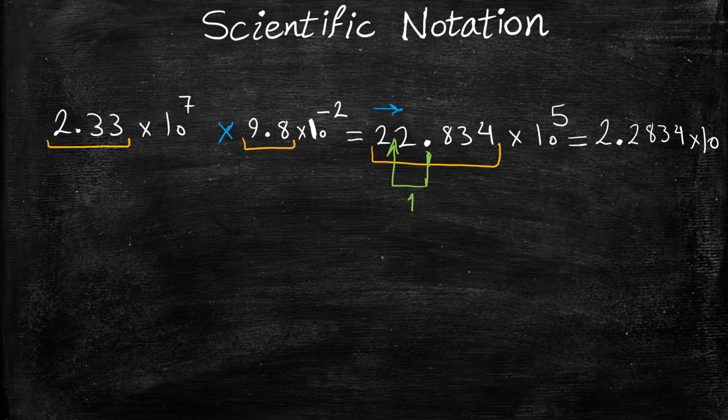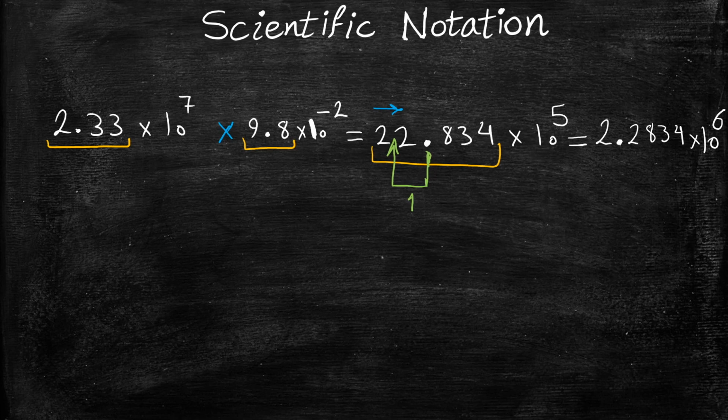So the number has become smaller. We shifted the decimal point to the left. Since the number had become smaller, now we have to make it up in the power of the 10. It was the original, the power of 10 was 5. Now we shifted the decimal point one position to the left. Now we add that one position to 5, so 10 to the power of 6. Okay? That's how we do it.